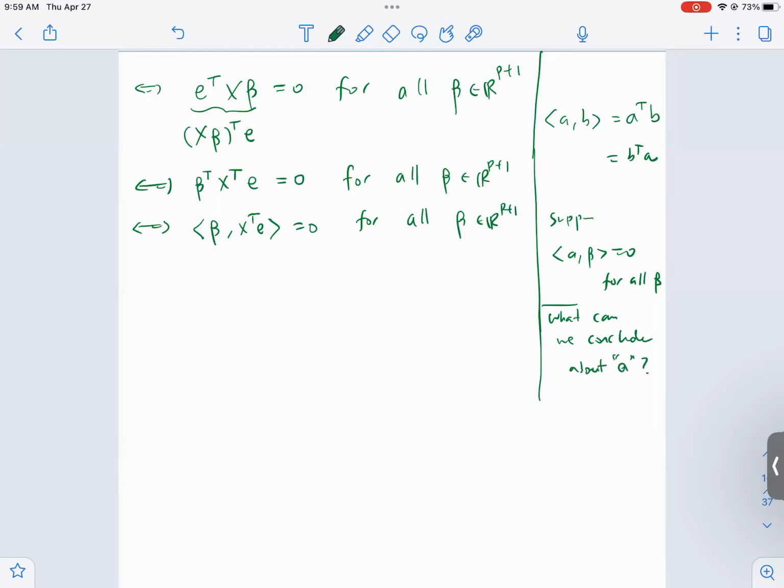One thing that you might try is to plug in different betas, like standard basis vectors: 1, 0, 0, 0; 0, 1, 0, 0. So I have a vector A which satisfies this for every beta, all possible vectors. Maybe think a little bit about this, talk to your friends for about a minute, and think what this means. Okay, one minute thinking.